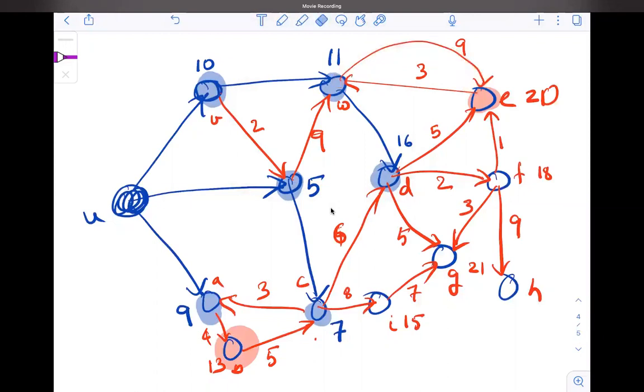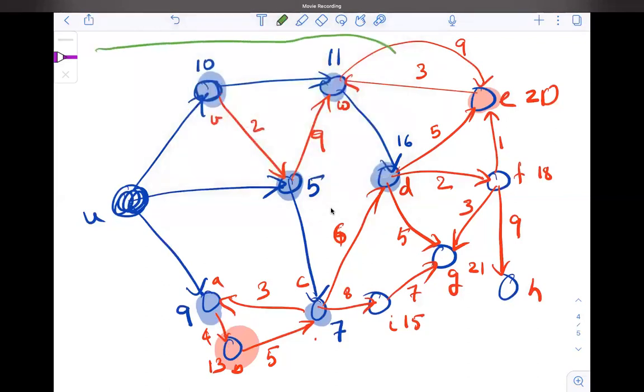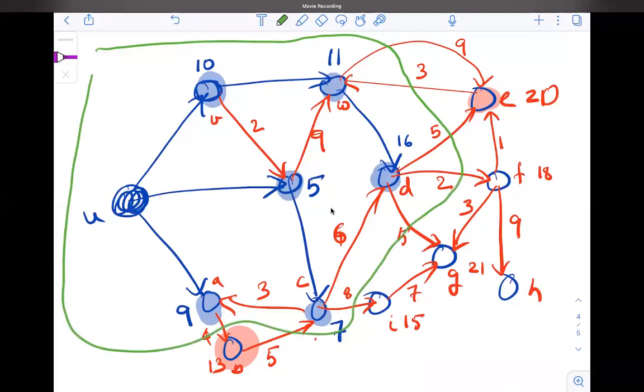So that means I can reach this vertex from U in 13 length. Now consider, let me draw a boundary wall. Think of it, this is a boundary wall. This boundary wall is something that I know. Now, if I have to go anywhere outside the boundary wall, I have to cross the boundary.